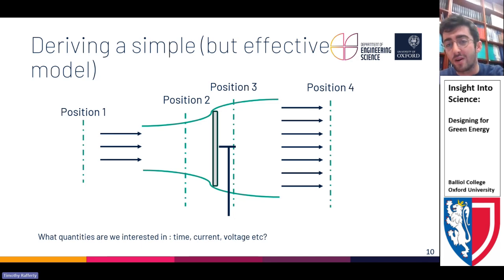So very far upstream, way away from the wind turbine, where the wind turbine doesn't have an effect. We are then going to be interested in just before we get to the wind turbine, just after the wind turbine, and then far downstream where the effect of the wind turbine is felt, but it's not in close proximity. And we'll be following what are described as stream tubes. We're following this fluid through the wind turbine.